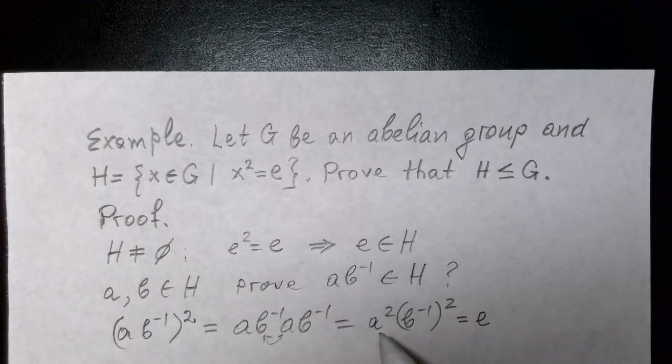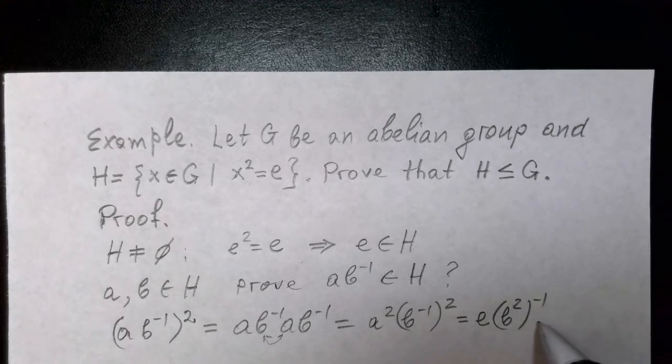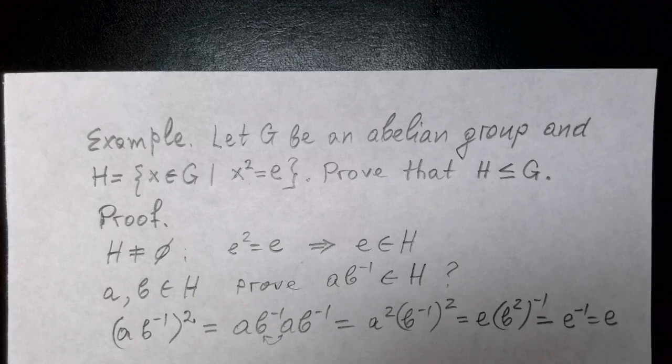So A squared is E, and B to the negative 1 squared is B squared to the negative 1. The result is E to the negative 1, which is of course E. This proves that AB to the negative 1 is in H, and the one-step subgroup test guarantees that H is a subgroup.